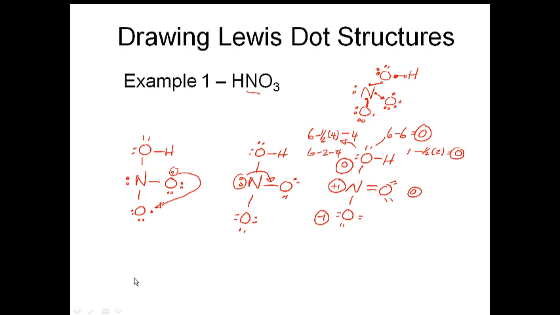So if I come down here and write this Lewis dot structure with its formal charges, this oxygen has a formal charge of 0, the hydrogen 0, this oxygen 0, this nitrogen +1, and this oxygen -1.